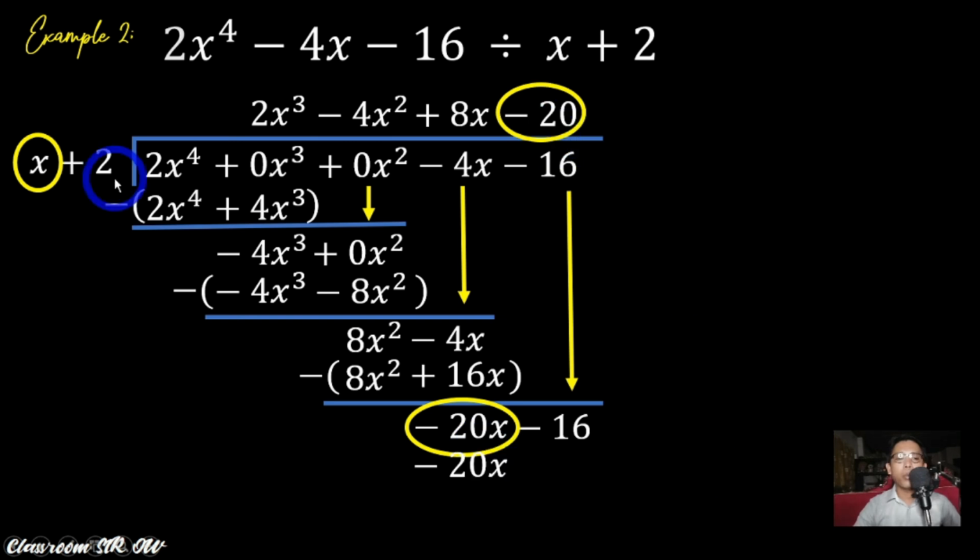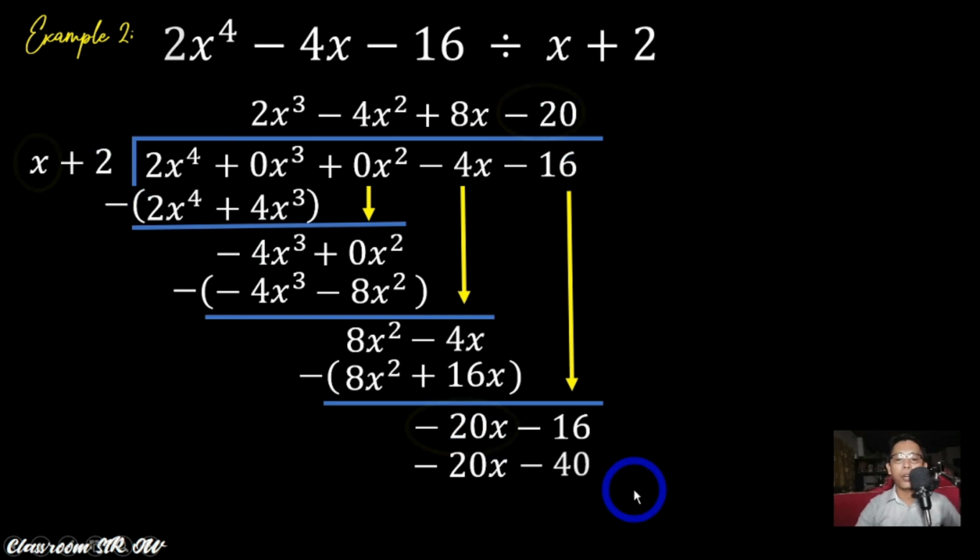And negative 20 times 2 is, of course, negative 40. Then we will subtract them. So we will be changing the sign here. Negative becomes positive. So negative 20x plus 20x is 0. And negative 16 plus positive 40 is, of course, positive 24. So if you notice, 24 divided by x plus 2 cannot be done, so that 24 is our remainder.